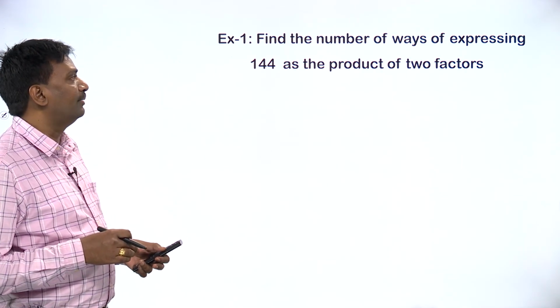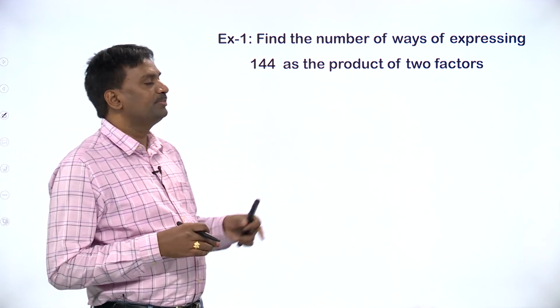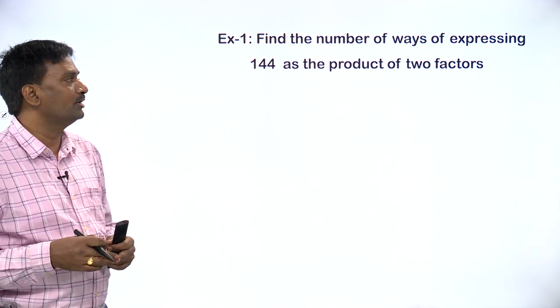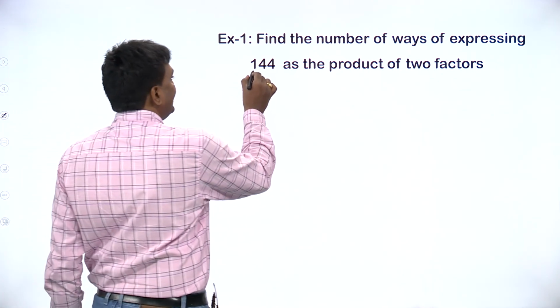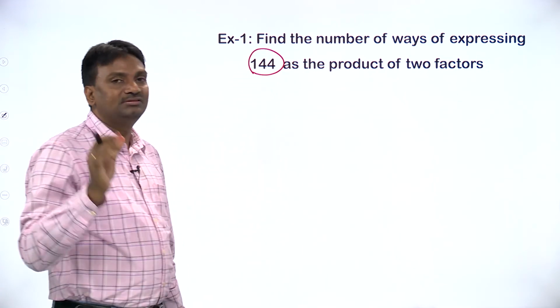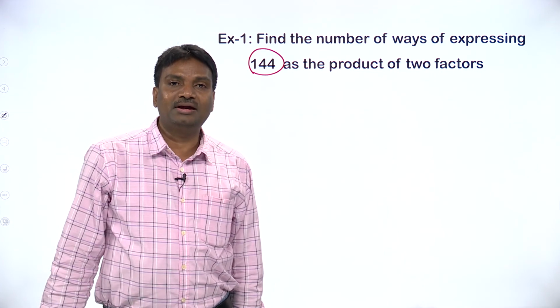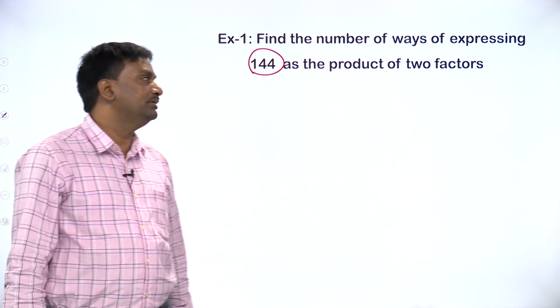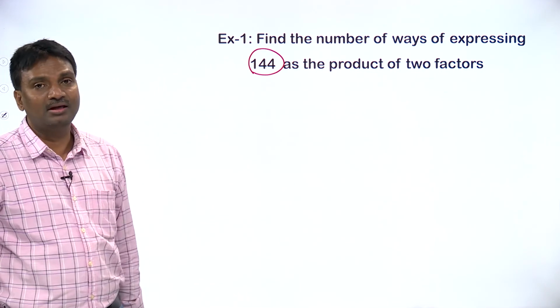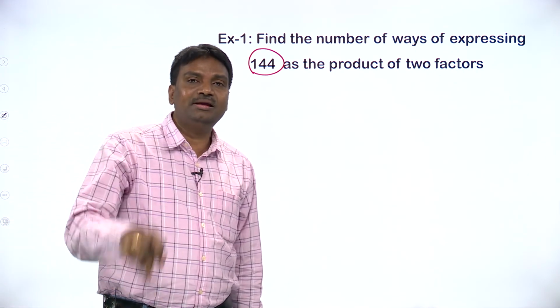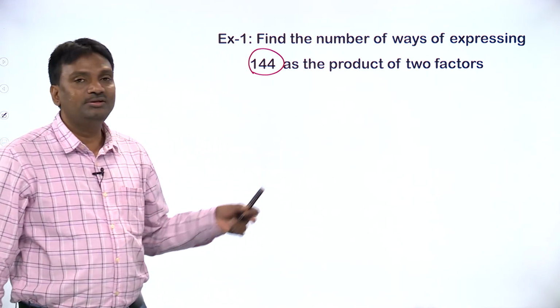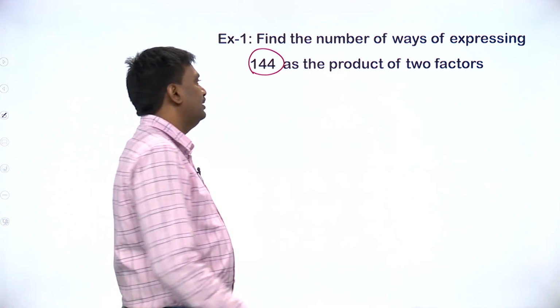Take this example: find the number of ways of expressing 144 as the product of two factors. Clearly 144 is a perfect square, because 144 can be written as 12 square. When the given number is a perfect square, then we can use the formula d of n plus 1 by 2.